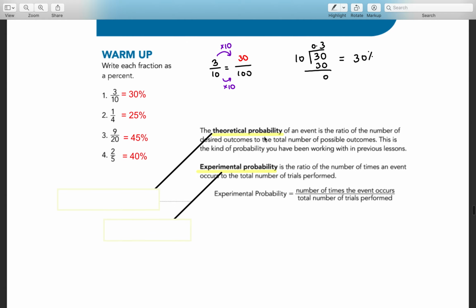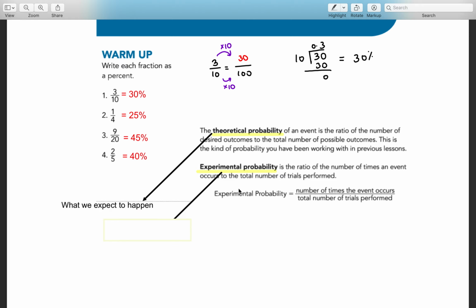The theoretical probability of an event is a ratio of the number of desired outcomes to the total number of possible outcomes. So this is the kind of probability you have been working with in previous lessons. All we've been doing were theoretical probability.